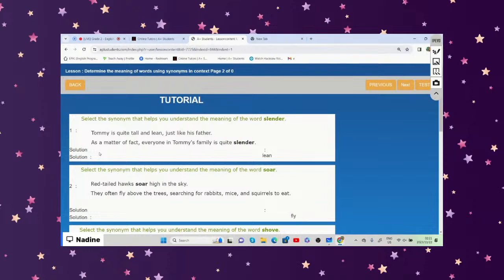It says Tommy is quite tall and lean, just like his father. As a matter of fact, everyone in Tommy's family is quite slender.